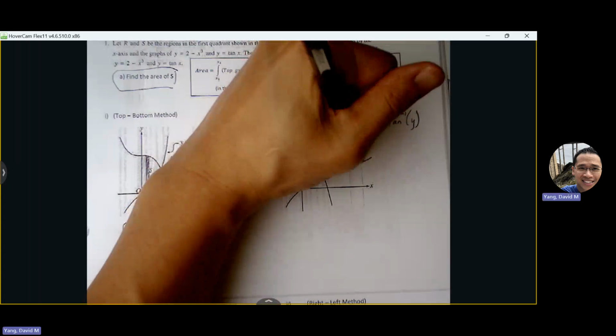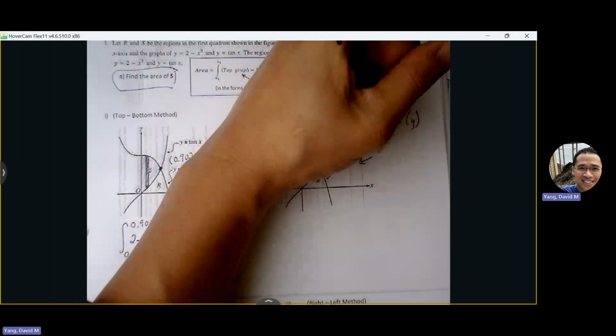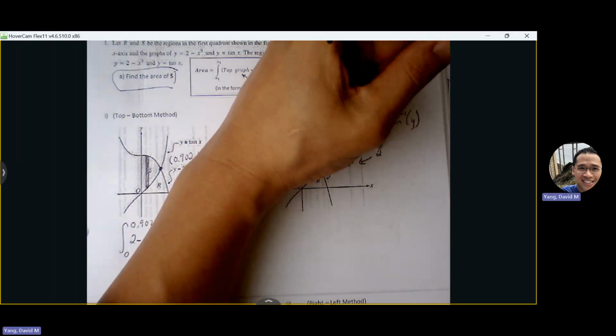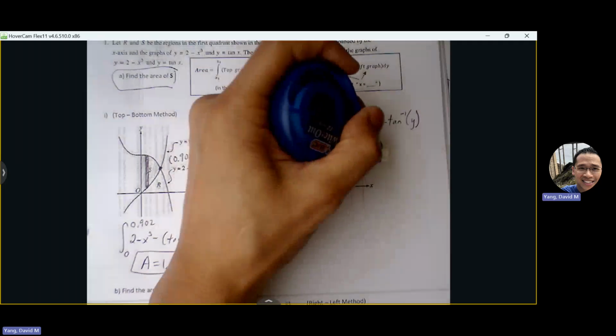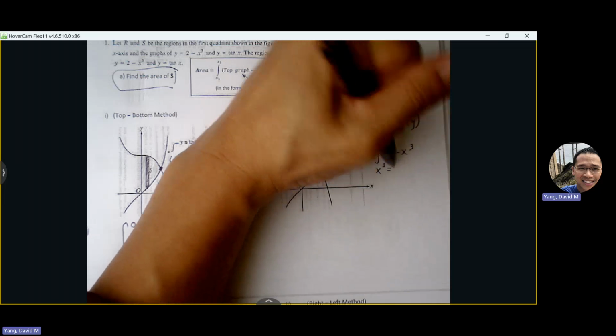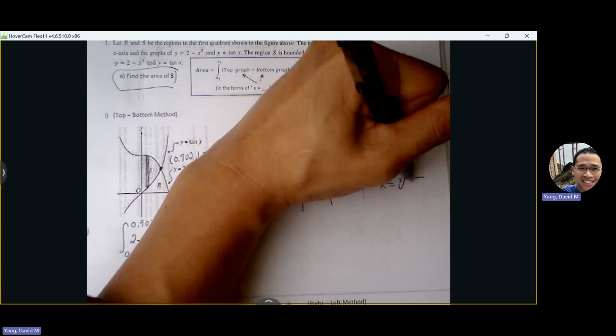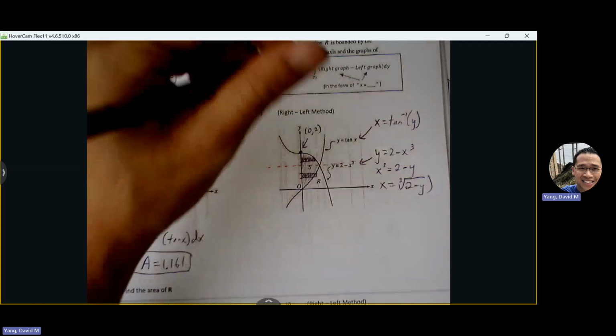And here I will need to solve for x. So this would be what? Let me write the equation first. y equals 2 minus x cubed. If I bring that x cubed over to the left, I get 2 minus y. x is now the cube root of 2 minus y.